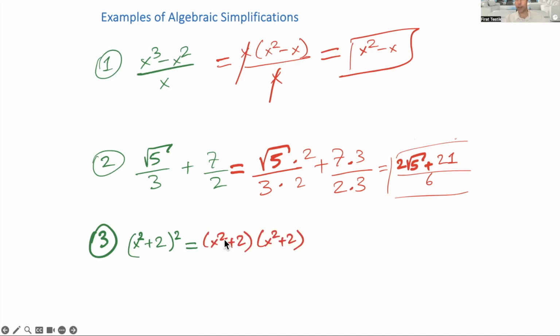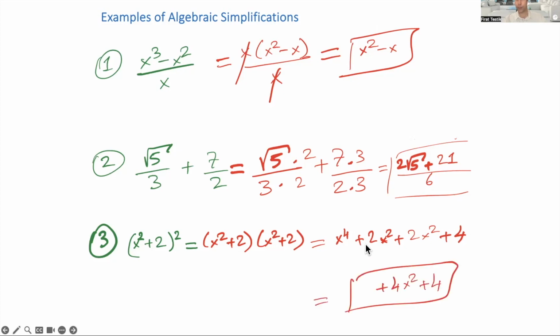Then we conduct this multiplication. So we have x squared multiplied by x squared, which is x to the power 4. Then the second multiplication is x squared times 2, which is plus 2x squared, because all of the signs are positive. Then multiply the second term here with the first term in this parenthesis, which gives 2x squared. And lastly, just multiply 2 by 2, which is 4.